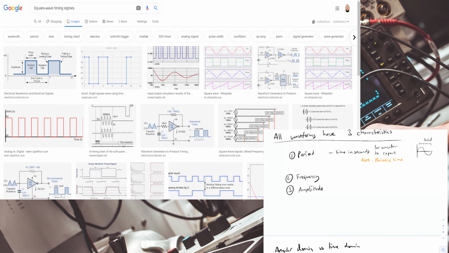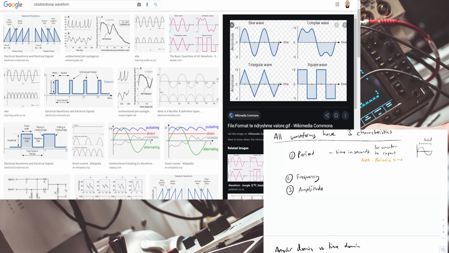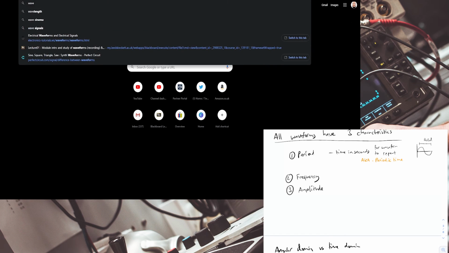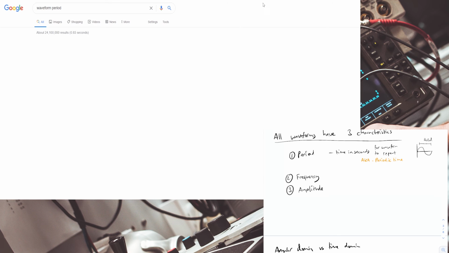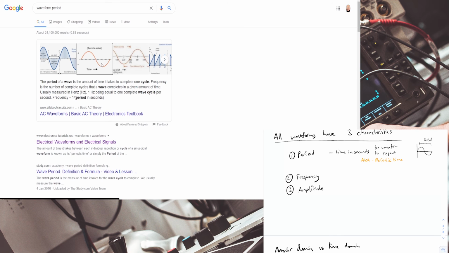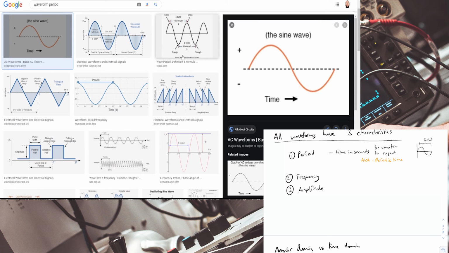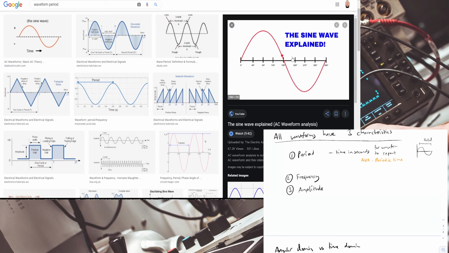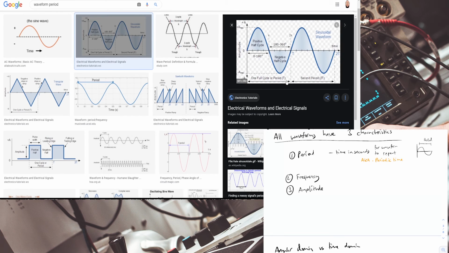So let's put. I feel like I saw a picture of this. Let's put waveform period. Sine wave explained. One full cycle or period. Second period. Nice.